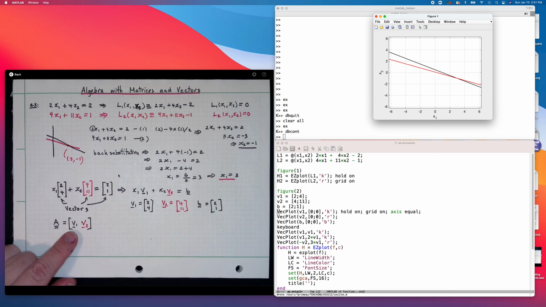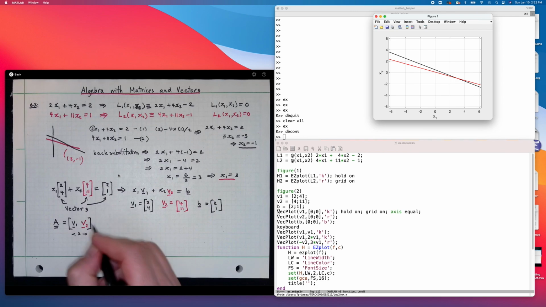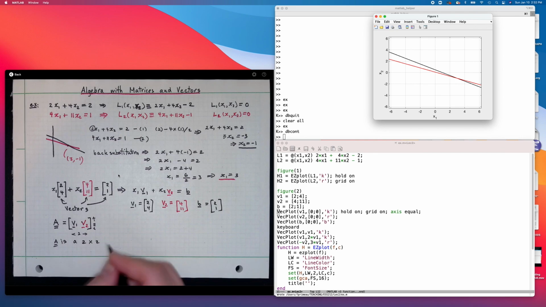But for now, we're going to think of A as a collection of columns. So A is going to be what's called a 2 by 2 matrix, because it has 2 columns, and since V has 2 rows, it's a 2 by 2 matrix.